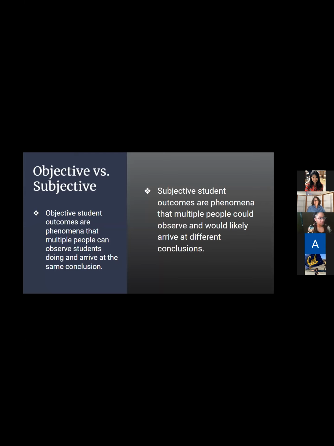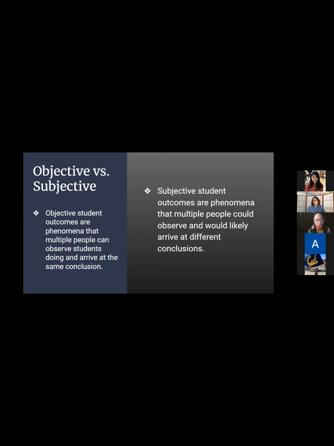So we are going to start by getting clear on the difference between subjective and objective assessment and outcomes. Objective student outcomes are the things that you and other people can observe students doing and arrive at the same conclusion every time.